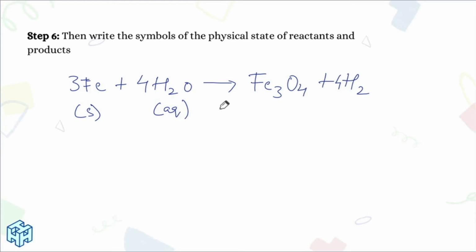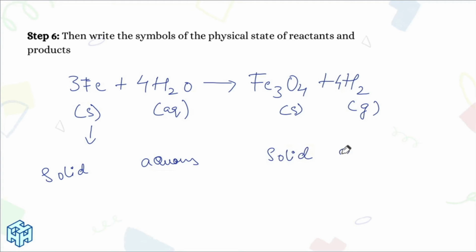Aqueous, liquid. Fe3O4 is again solid. Hydrogen is a gas. So this is solid, aqueous, solid, gas. Did you understand? Yes.